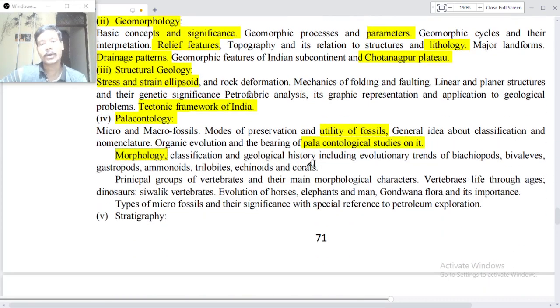Morphology, classification and geological history, including evolutionary trends of brachiopods, bivalves and gastropods, ammonoids, trilobites, echinoids and corals, principal groups of vertebrates and their morphological characters, vertebrates, life through ages, dinosaurs, symbolic vertebrates, evolution of horses, elephant and man, Gondwana flora and its importance, types of microfossils and their significance with special reference to petroleum exploration.